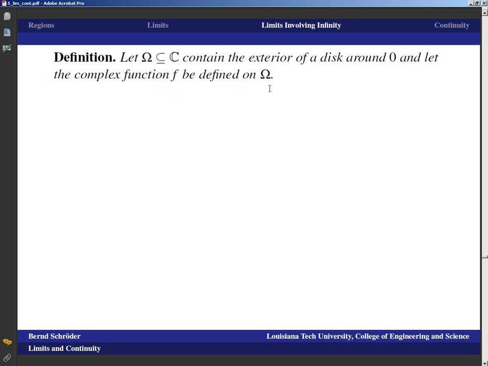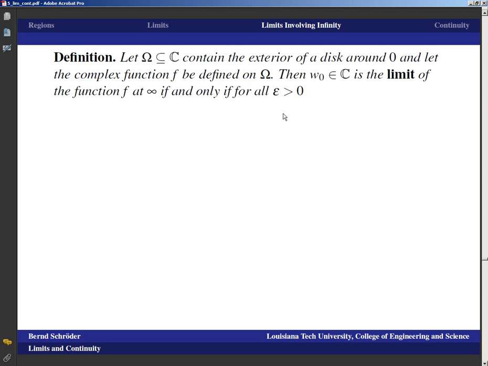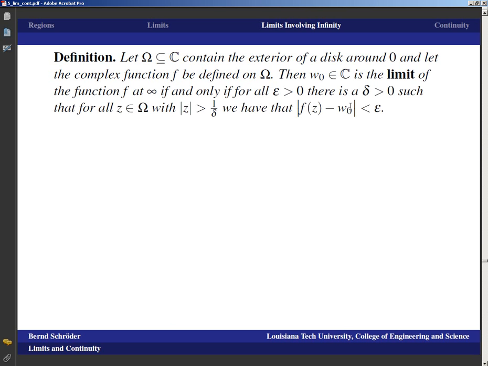So this is a function for which the inputs can reach infinity, if you will. Then w0 is the limit of the function f at infinity if and only if for all epsilon greater than 0, there is a delta greater than 0, so that for all z in omega with z absolute value greater than 1 over delta, we have that f of z minus w0 is smaller than epsilon.